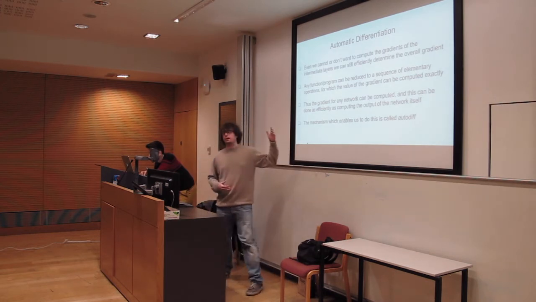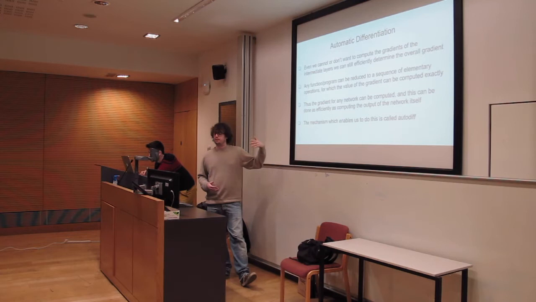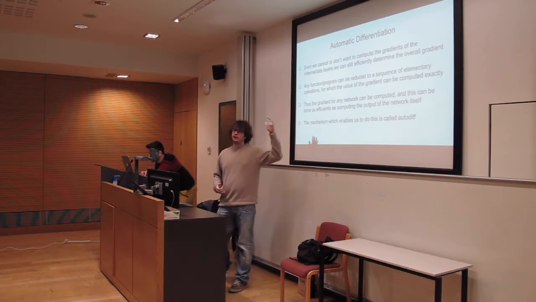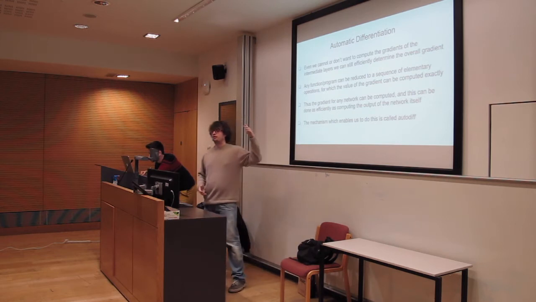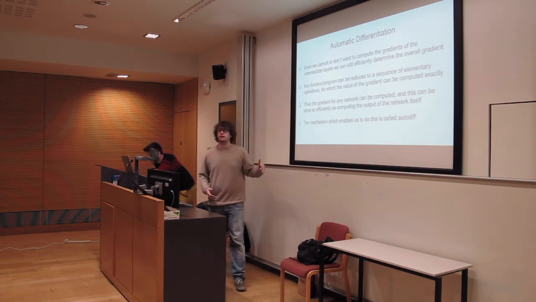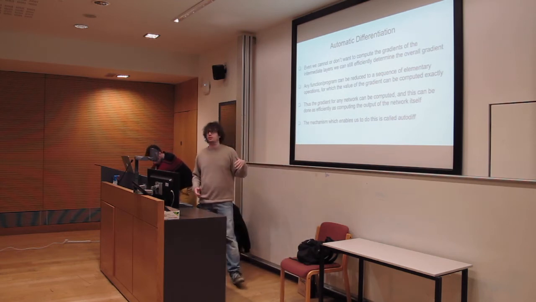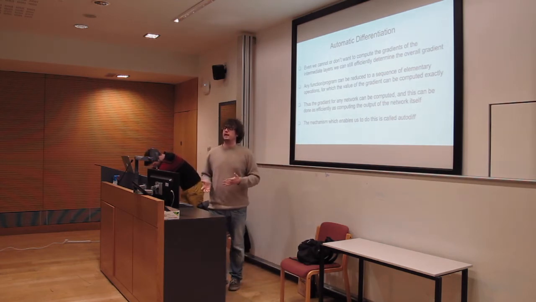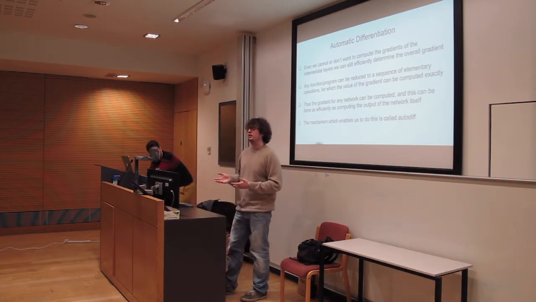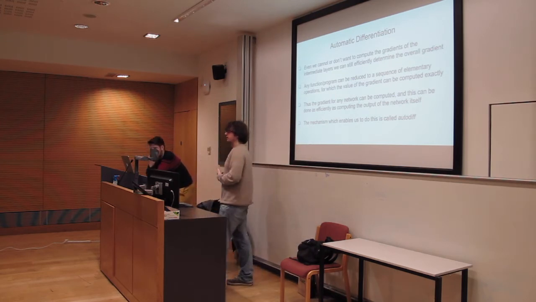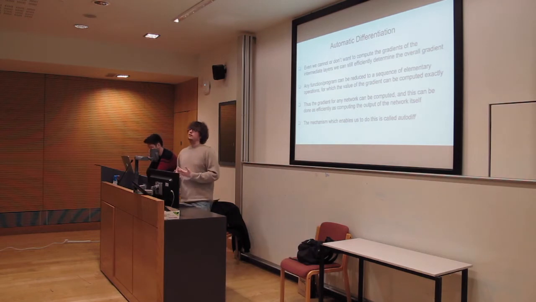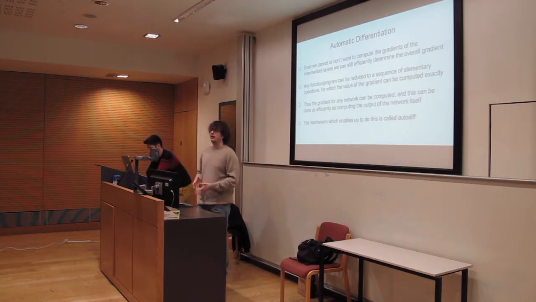And therefore, there are packages which implement what is called autodiff, which is a technique to compute the gradients of any program, of any neural network you are interested in training, automatically. And these gradients can be computed with the same efficiency as computing the output of the network itself. So with autodiff, you can derive the gradients which you need to train the network for any network, independently of the structure it has, and very efficiently in terms of computational cost.